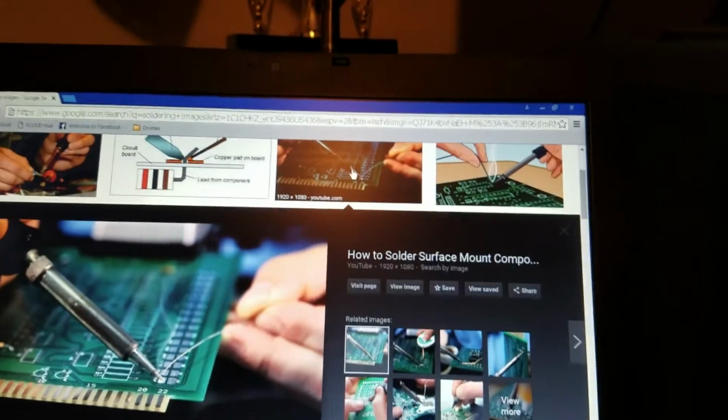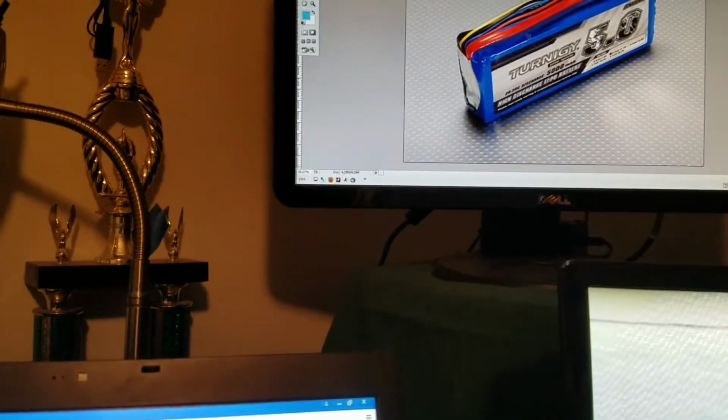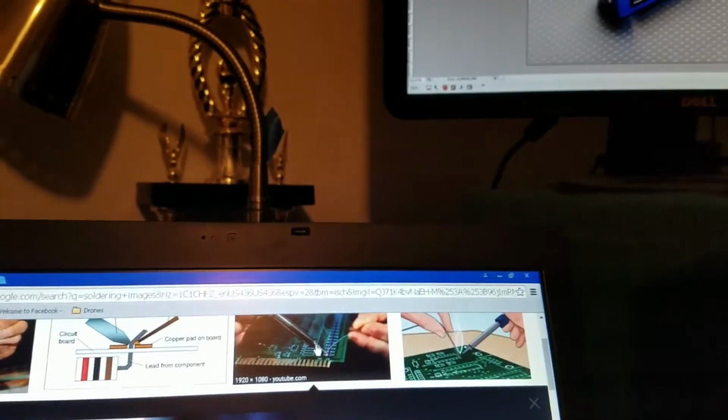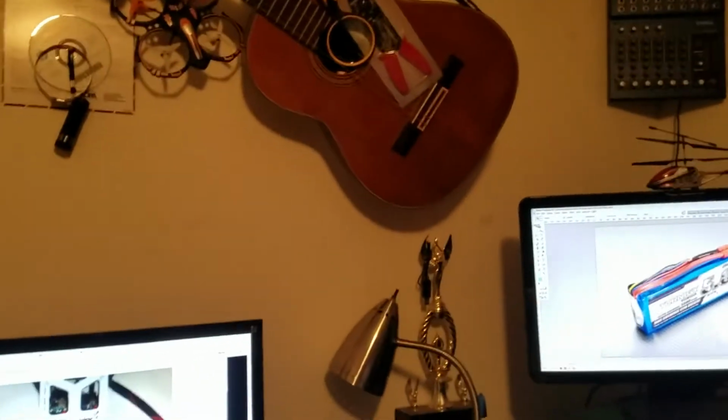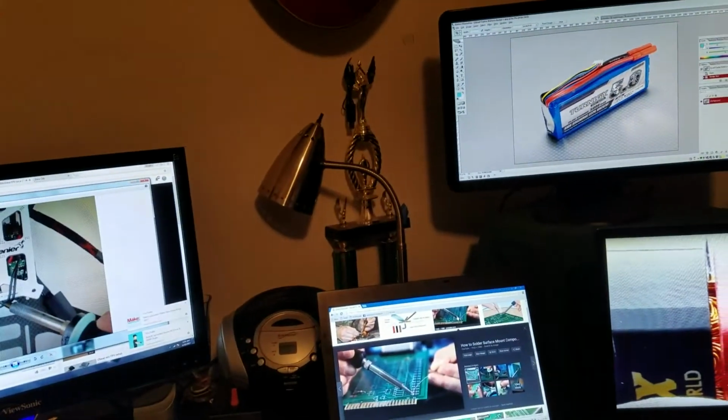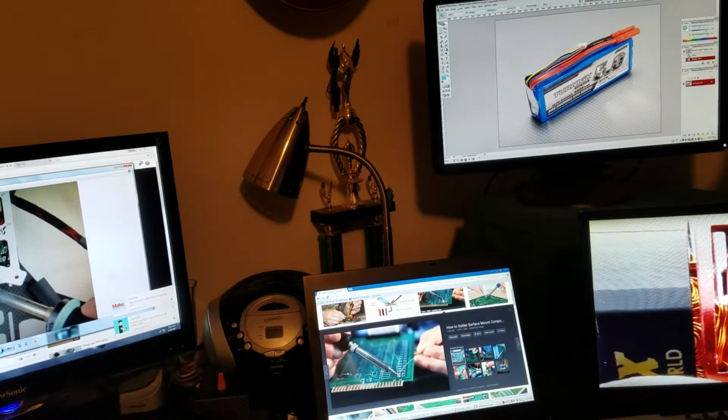And then I'm going to show you another position of soldering over here, and then let's pull up another one. Yeah, different kinds of soldering.